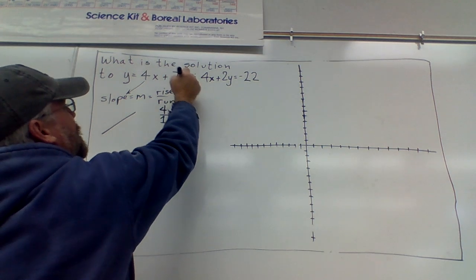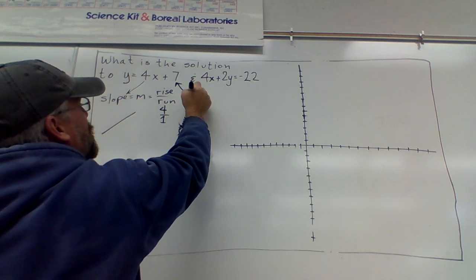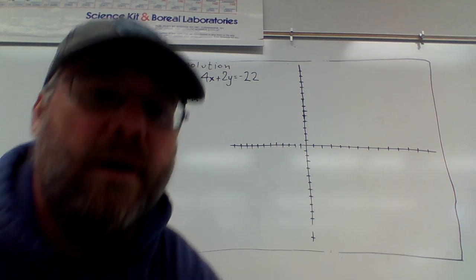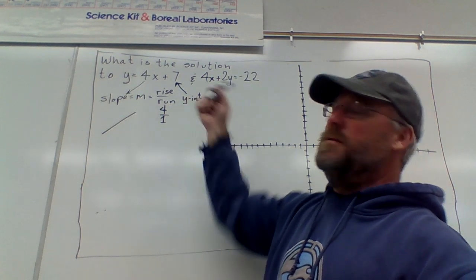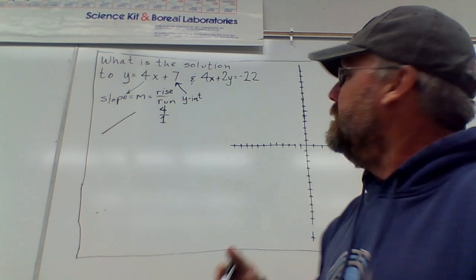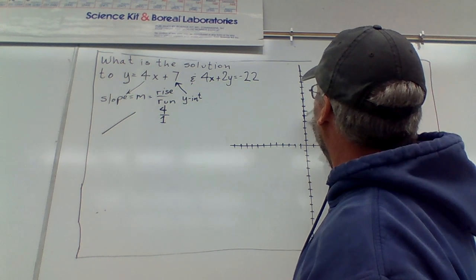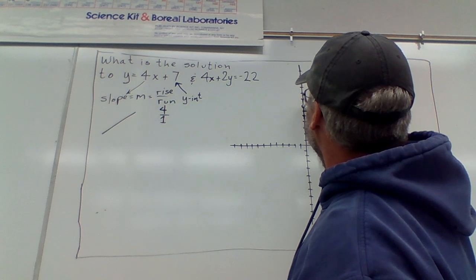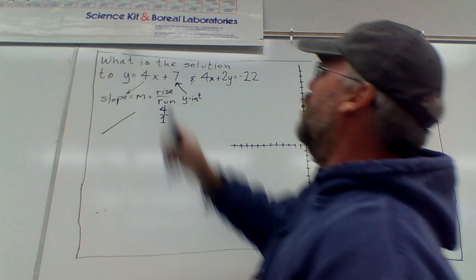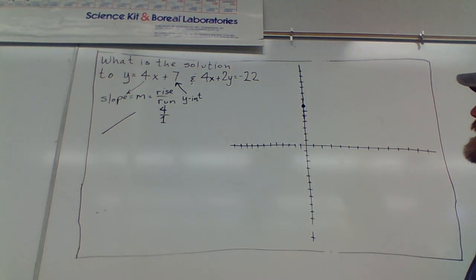Remember, this guy here is the y-intercept. It's typically easiest to graph the y-intercept first and then run your slope off of that point. So 1, 2, 3, 4, 5, 6, 7. There is positive 7, the y-intercept for the first line.